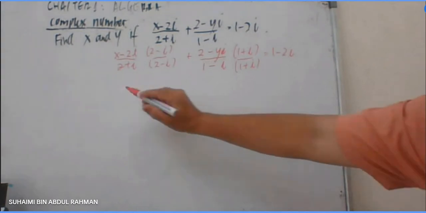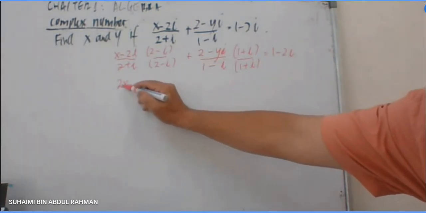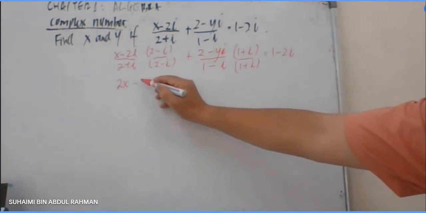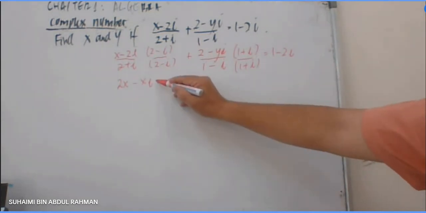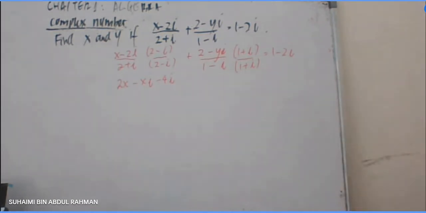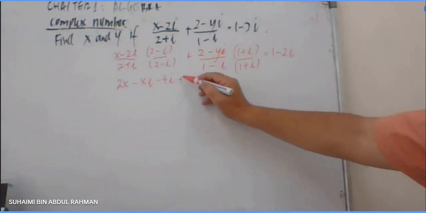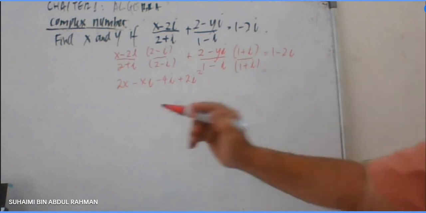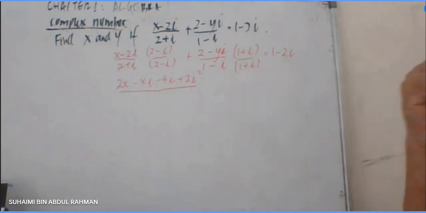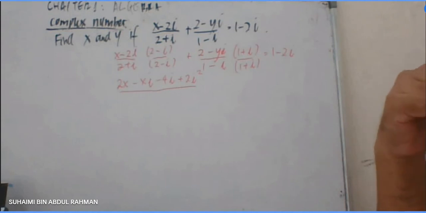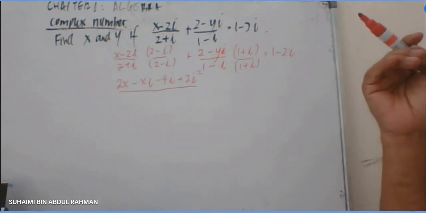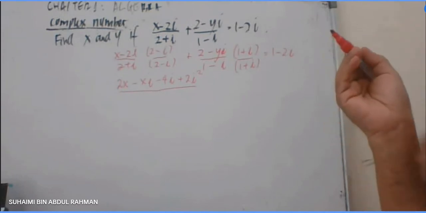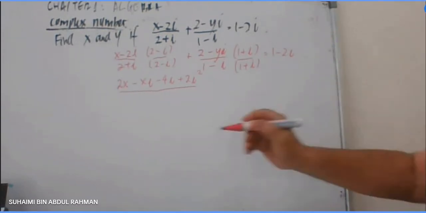So what we have to do is 2x, multiply 1 by 1, minus xi, minus 4i, plus 2i square, divided by what? 2 square minus i square. So at the end you're supposed to get 5.